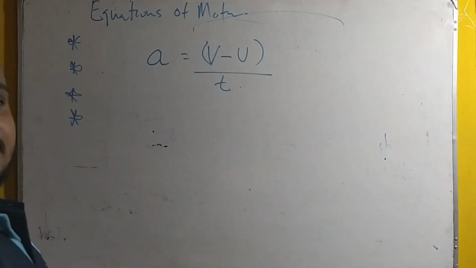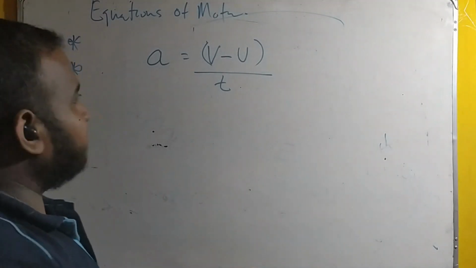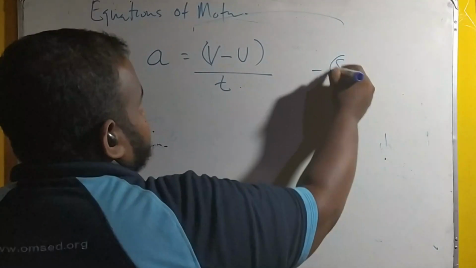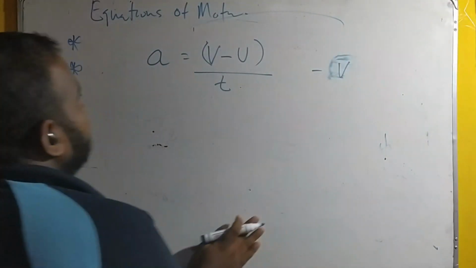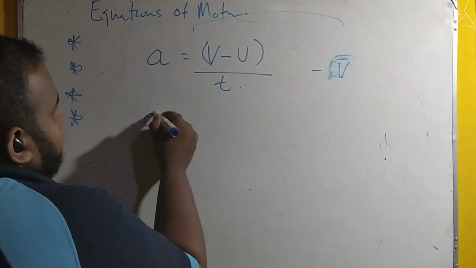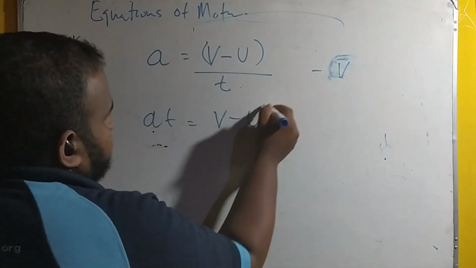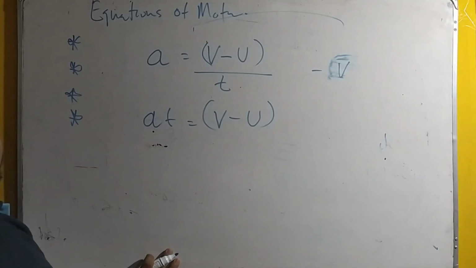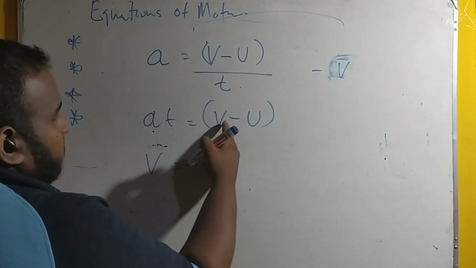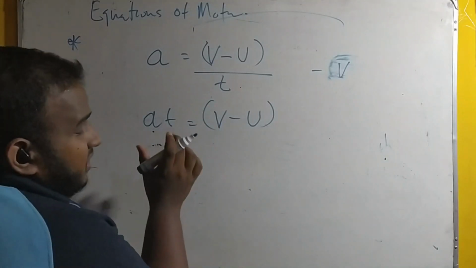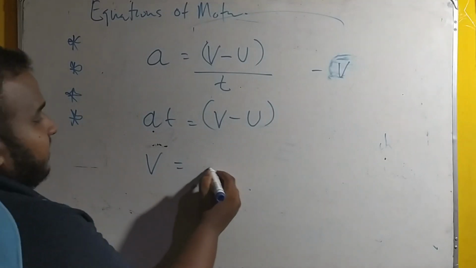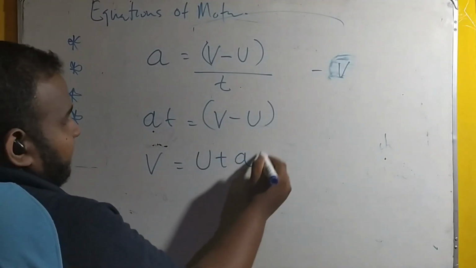Here, for the first equation, we simply make v the subject. If you make v the subject, the t comes here: at is equal to v minus u. And then if you isolate v, taking the minus u to that side, it will be u plus at.